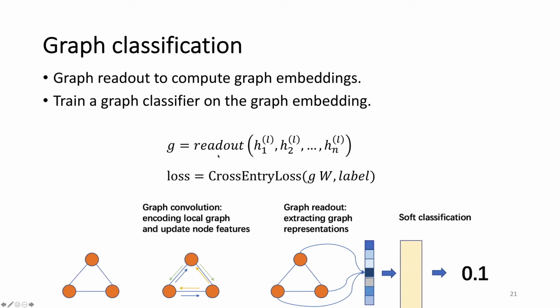Once I have a single vector representing the graph, I can usually use a cross-entropy loss with its own weight matrix, or that can potentially be an MLP, to define the loss. Then I backpropagate from that loss to G, from G through the individual representations of the nodes, and then from those representations of the nodes to the GNN model parameters.